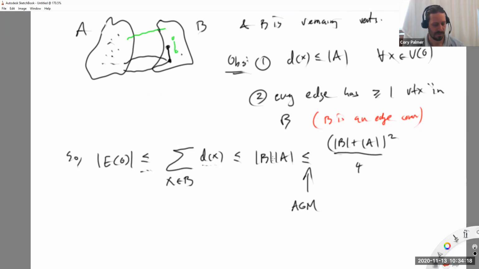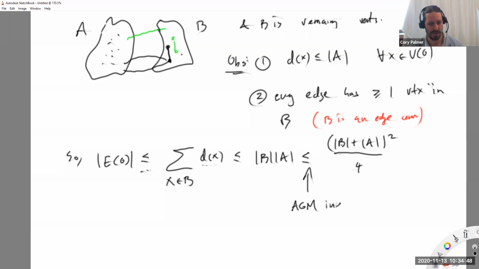So AGM says that the arithmetic mean is an upper bound on the geometric mean. What's the geometric mean? It's this times this, square rooted. So I square both sides. And the arithmetic mean is this plus this over 2. So I square both sides and get this form here, okay?